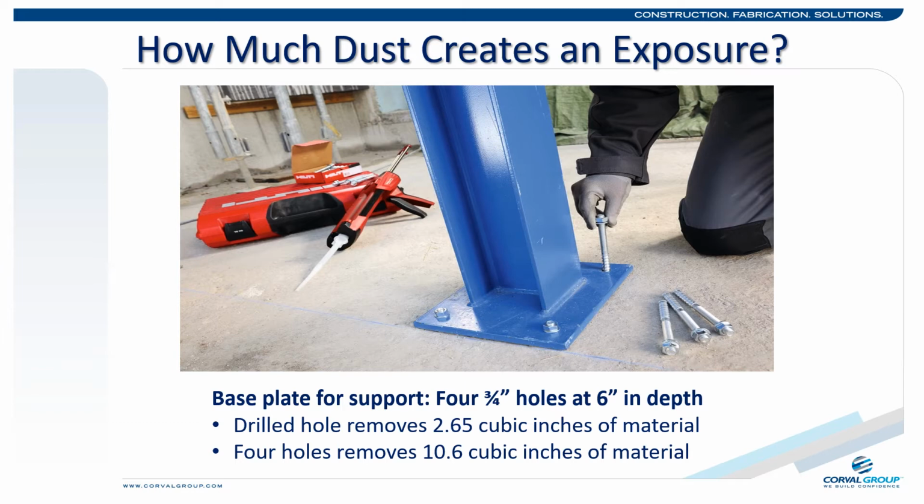The OSHA PEL for respirable crystalline silica is 50 micrograms per cubic meter, averaged over an 8-hour day. While this exposure is hypothetical, it does illustrate how much silica can be produced by even the smallest of tasks.